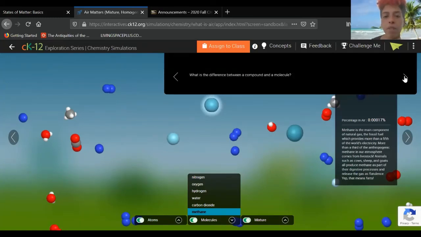What is the difference between a compound and a molecule? Is there a difference between a compound and a molecule? There is a difference.